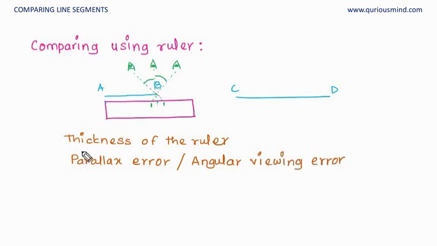So to avoid these errors which are due to thickness or parallax, we introduce a divider, and hence we add a divider with the ruler. The divider, which you can find in your compass box, can be used alongside the ruler to have proper measurements.